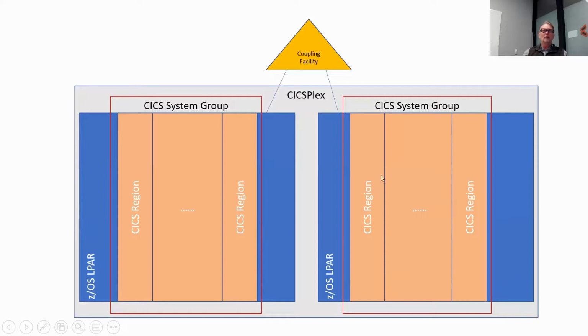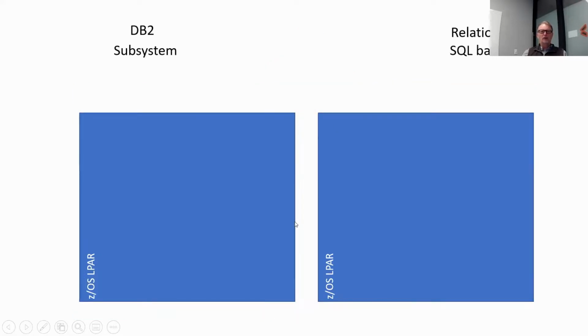This whole thing is known as a CICSplex, when you have a group of CICS regions across a sysplex. So you could have hundreds of CICS regions, or one, based on the demand for your particular application. All right, so let's move on.